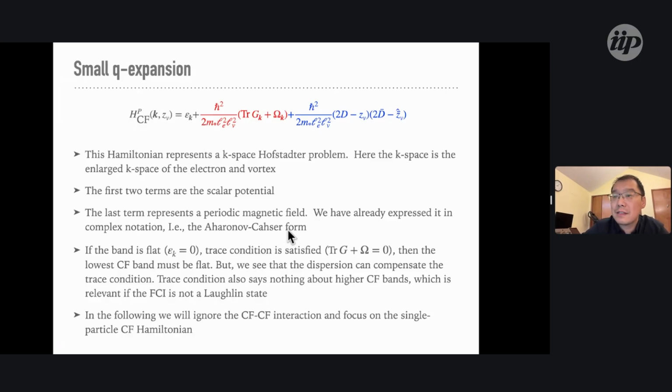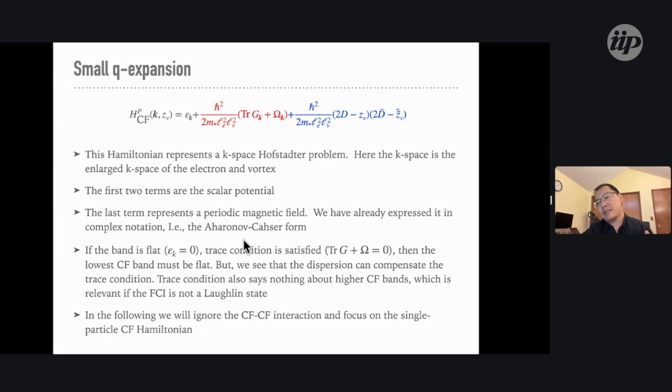Okay, so now with this understanding, you can finally understand what exactly those people are saying about the trace condition. Because in this single particle CF Hamiltonian, when you set the band dispersion to be 0, and you assume the trace condition is satisfied, then the CF Hamiltonian will only have the last term there. And because the last term is the AC Hamiltonian, we know that in the energy spectrum the lowest band will be flat.